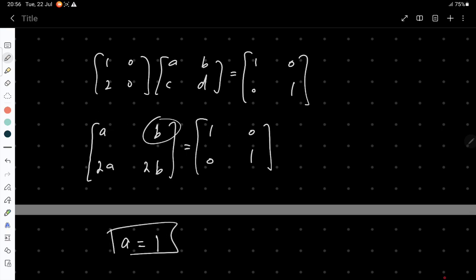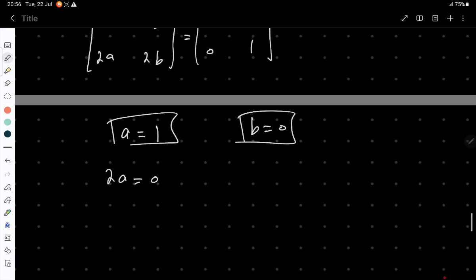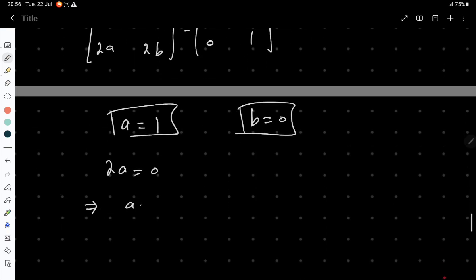If I compare the second term, I get b equal to 0. But if I compare the third term of the matrix, I get 2a is 0. That means a is equal to 0.